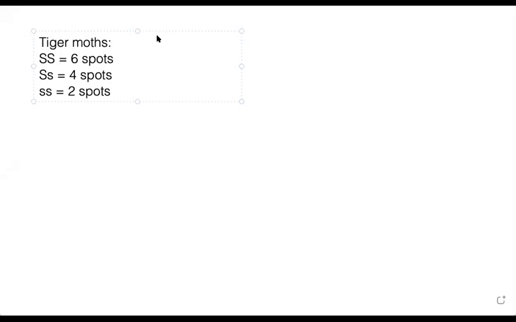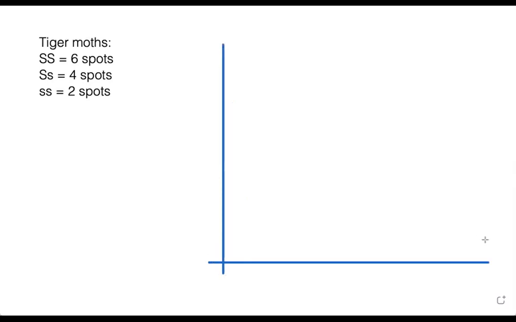Well, I'm going to draw a pair of axes. There's an axis. There's an axis. And I'm going to graph mean parental phenotype against mean offspring phenotype.